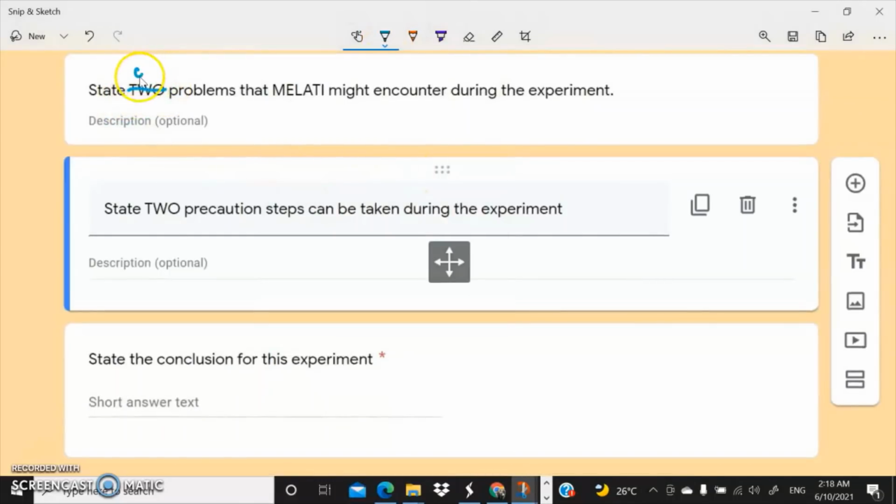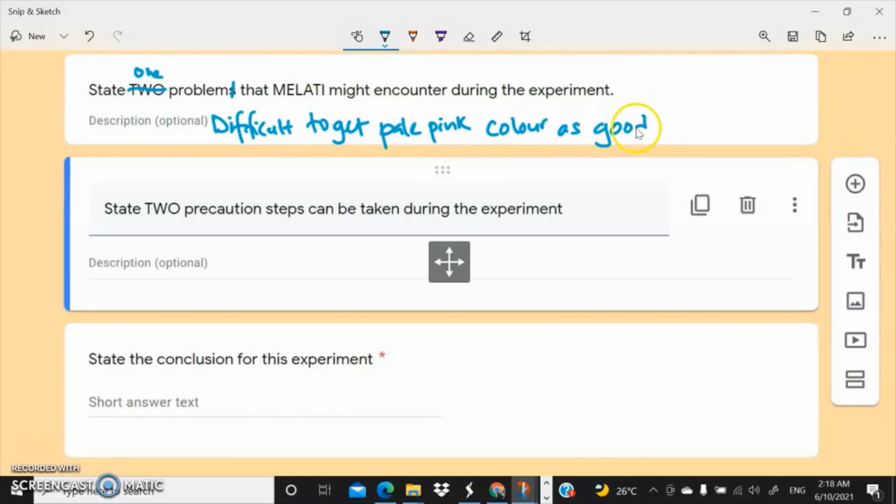State one problem that Malati might encounter during the experiment. What is the problem Malati may face? It is difficult to get the pale pink color as a good endpoint.